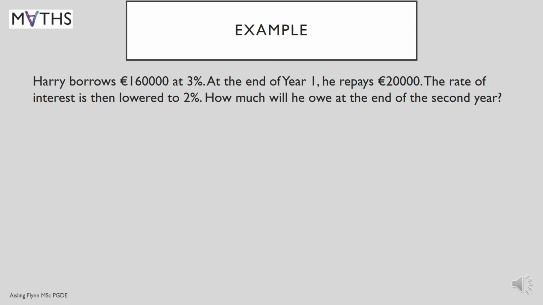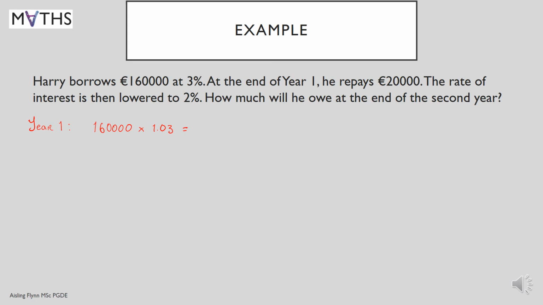So let's take year 1. He must pay 3% interest on his 160,000, and that would be added on. You can do it in stages, or you can find 103% like we were doing previously.